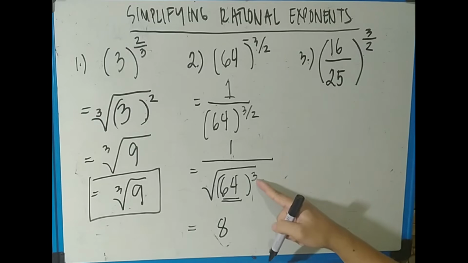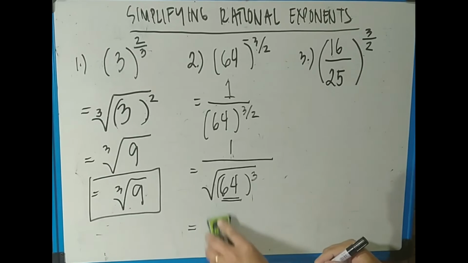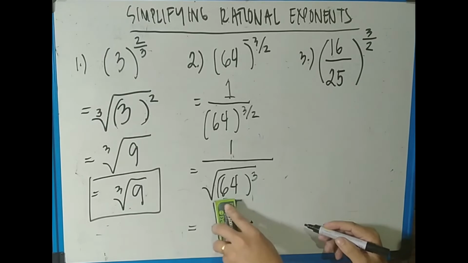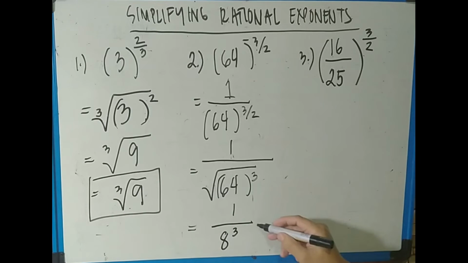So ang may iwan dito is the exponent. Okay? So kapag final answer tayo, this becomes 1 over, since the square root of 64 is 8, so 8, then saka natin i-apply yung exponent. So we have now 1 over 8 cubed na siya.